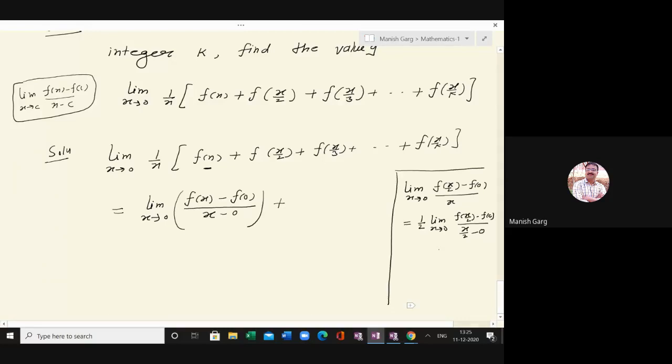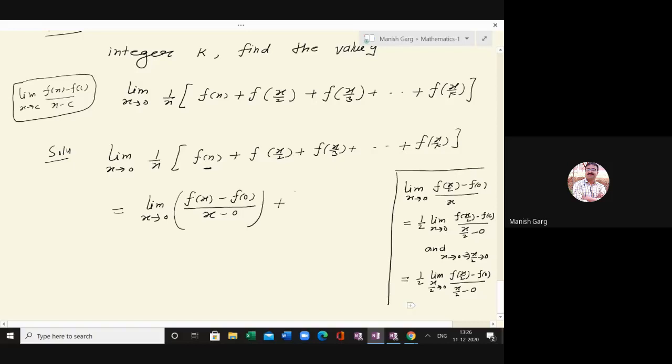If x tends to 0, then x by 2 also tends to 0. So finally this is 1 by 2 limit of f x by 2 minus f0 over x by 2 minus 0. This is f dash 0 actually.